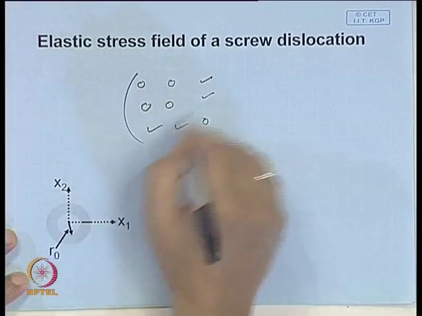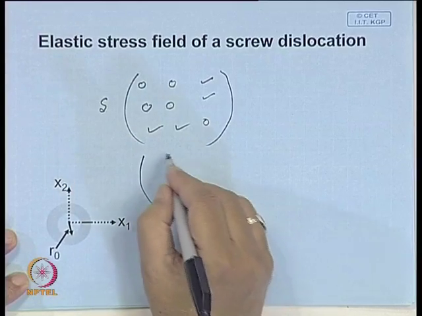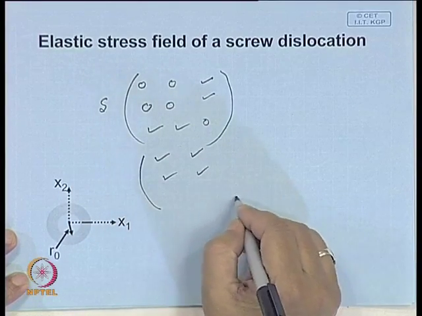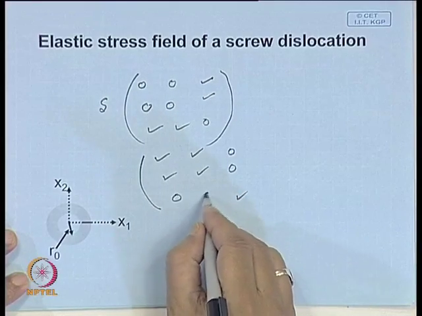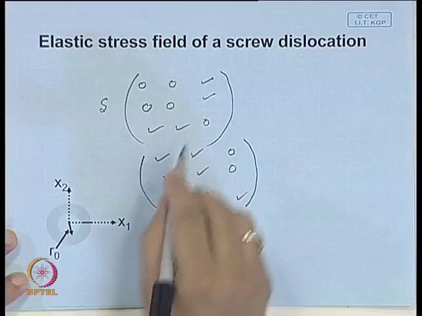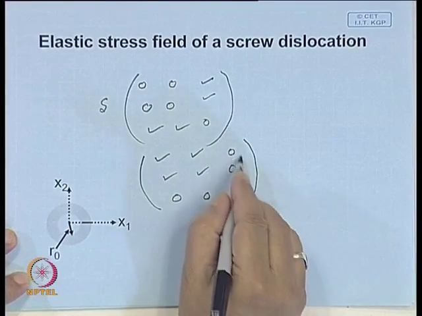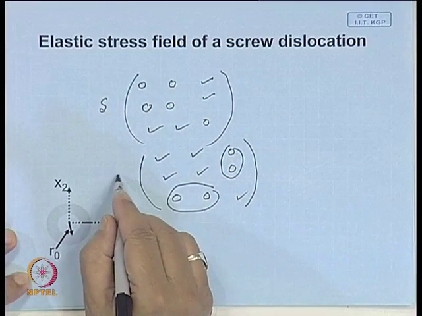Whereas in the edge dislocation, the components which had a value for a screw dislocation are 0.